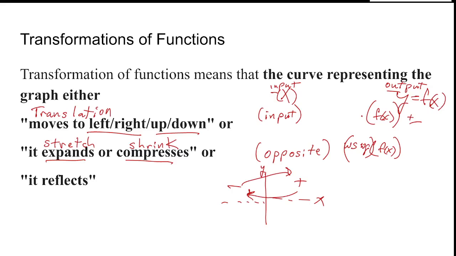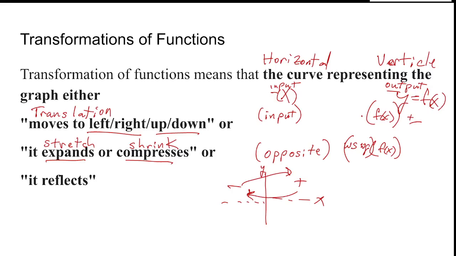And notice this is going to be a horizontal effect on the graph. Anything that has a horizontal effect is going to be caused by the input. Anything that results in a vertical change was caused by something changing on the outside.